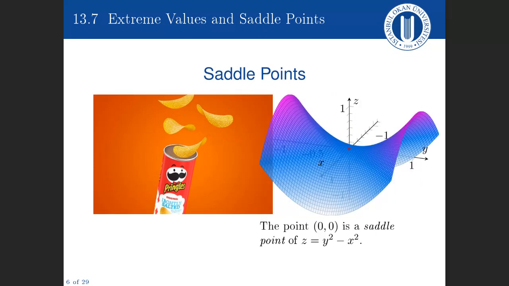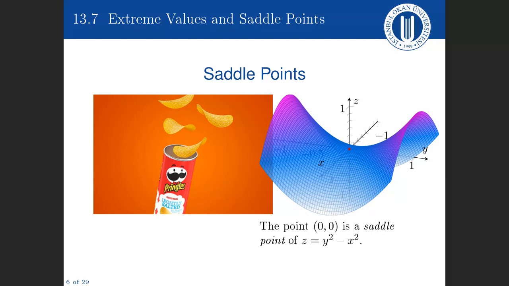Here is the graph of the function z is equal to y squared minus x squared. On this graph, the point 0, 0 is a critical point. The first order partial derivatives at 0, 0 are both equal to 0.